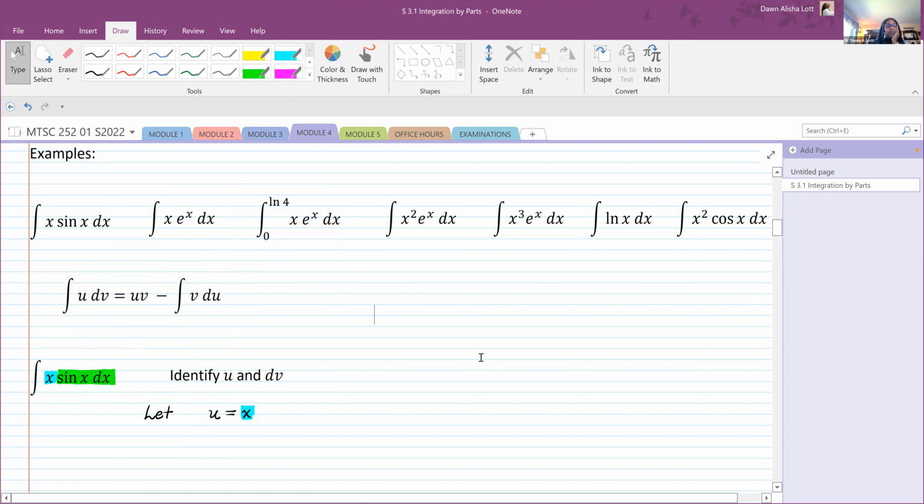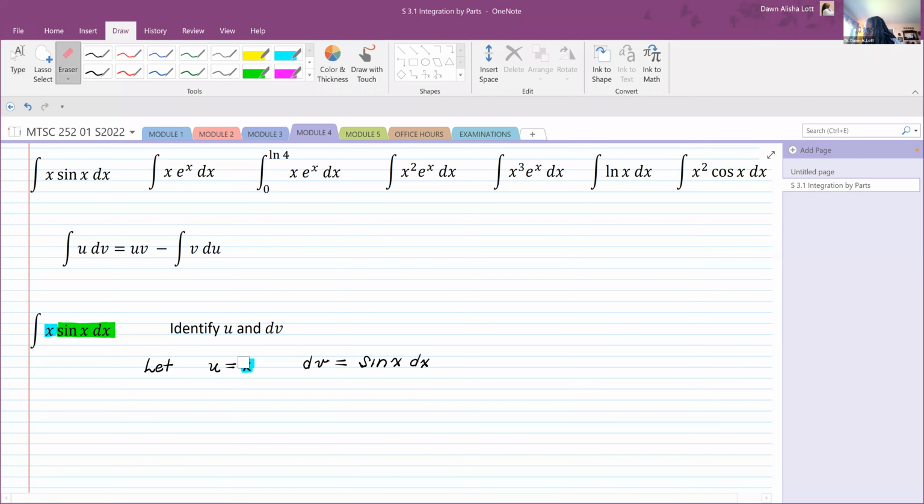Okay, so we've identified u, and so dv is the sine of x dx. I need to find du. So du in this problem is just dx. And I need to find v, which is the integral of that.